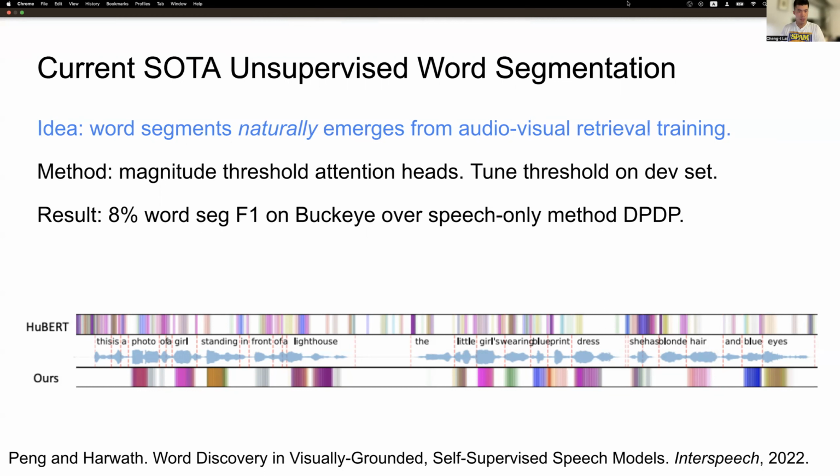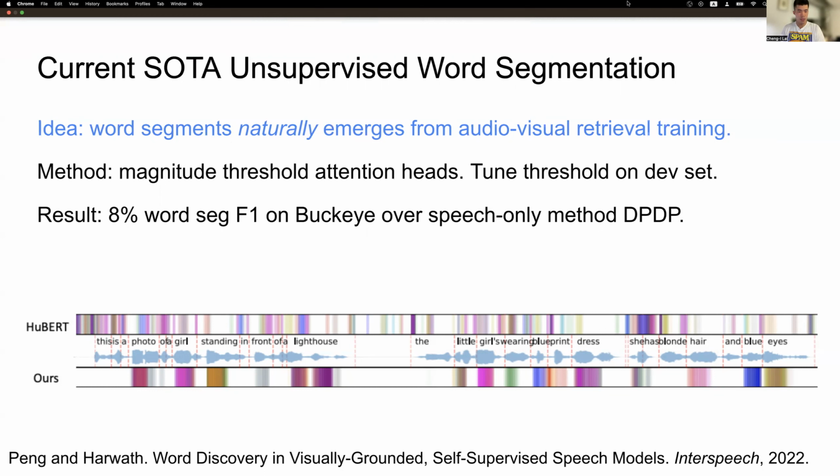However, one issue with VG-HuBERT, or generally visually grounded word discovery models, is that they typically neglect function words like a or the, as these function words are not visually concrete. However, in our case, function words could play a crucial role in defining the phrase structure. So we want to recover those function words.